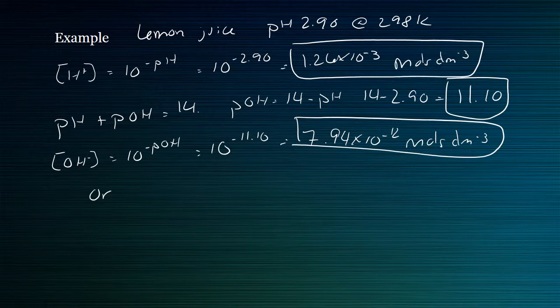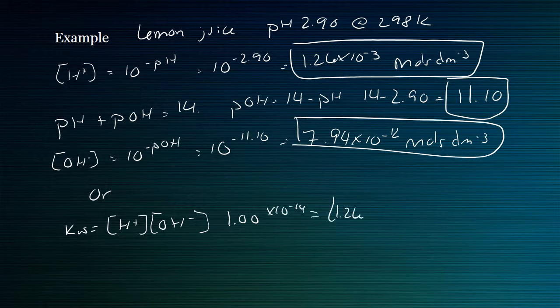Or, because you know Kw equals hydrogen ion concentration times hydroxide ion concentration, you can take 1.00 times 10 to the negative 14 equals 1.26 times 10 to the negative 3 times your hydroxide ion concentration, and guess what? You're going to get the same number. What a concept, right? So there are lots of different ways you can solve for all this information.